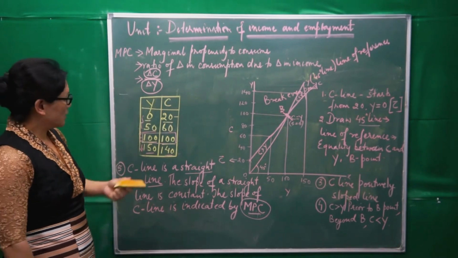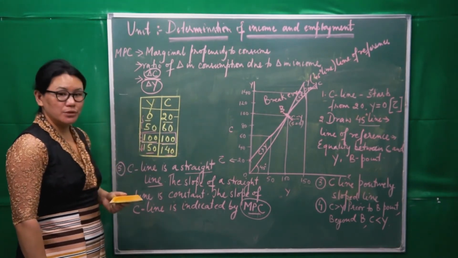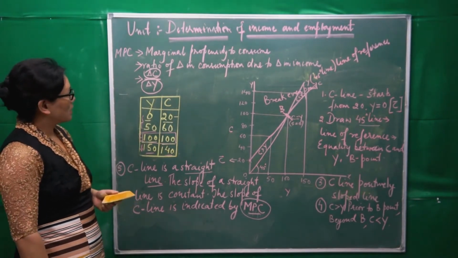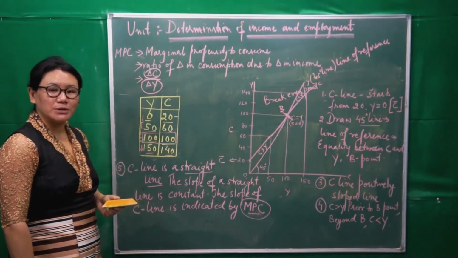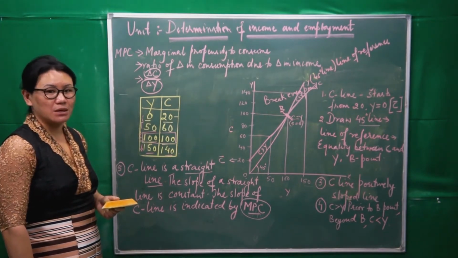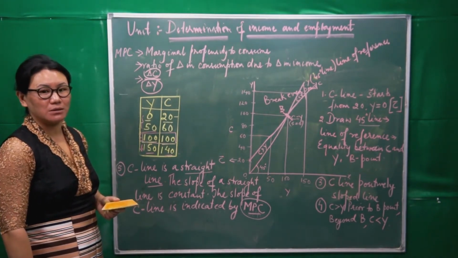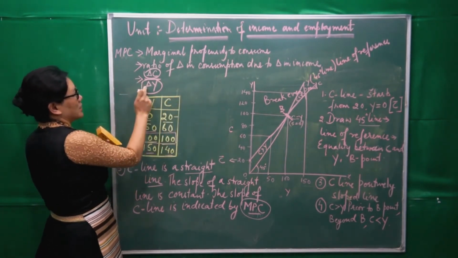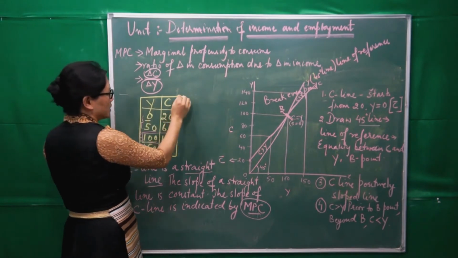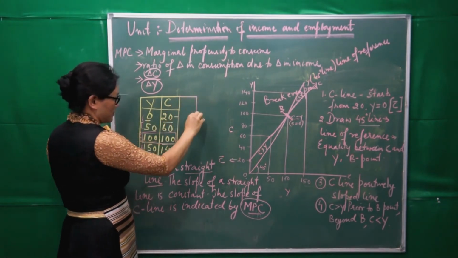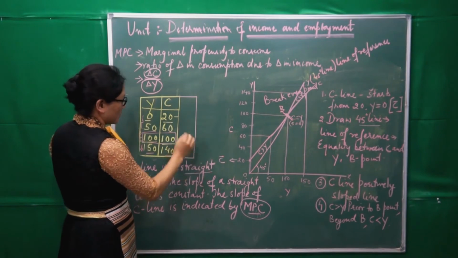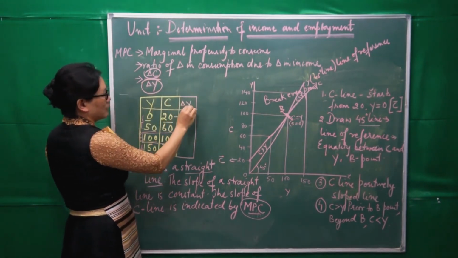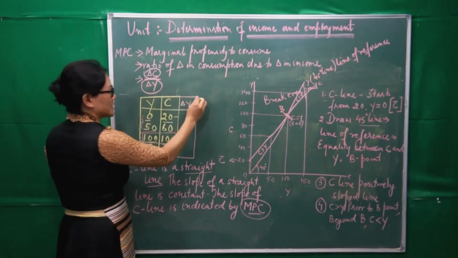Alright. Now, I will use the same schedule and we will see. We will go for the calculation of MPC. What is happening to MPC here? Now, the MPC formula is given here, right? So, we will find out change in income first.